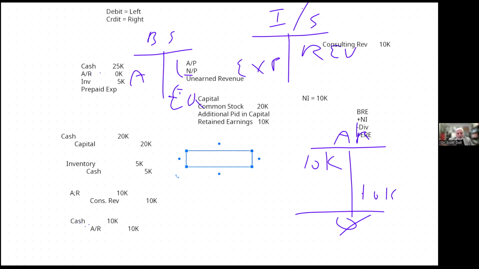So I can't pull 1,000 out of inventory because it only cost me $500. I can't go ahead and say, well, transfer 500 in expenses to the expense side for cost of goods sold because I don't see that 500 there, but I do need to put 500 and 500 on my accounts. So for a transaction or a sale like that, we need now 2 entries.